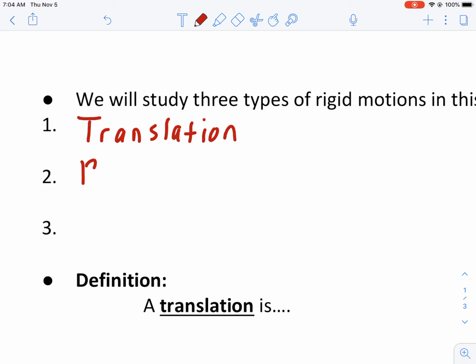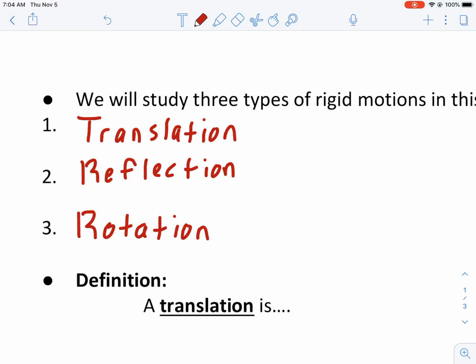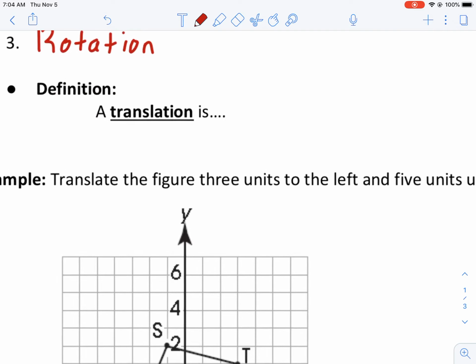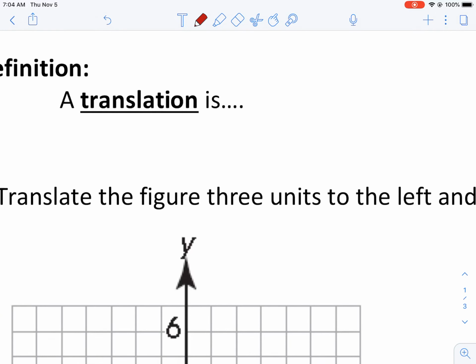But then we're also going to study a reflection, and we're going to study a rotation. Okay. So today we're starting with translations. Translations, I think, are the easiest ones. A translation is just a shift. Okay. That's literally all it is.